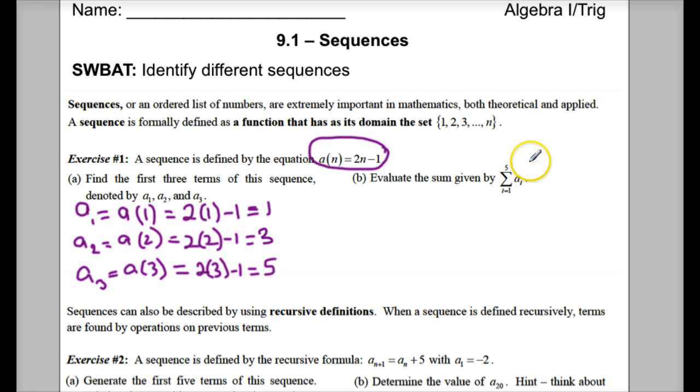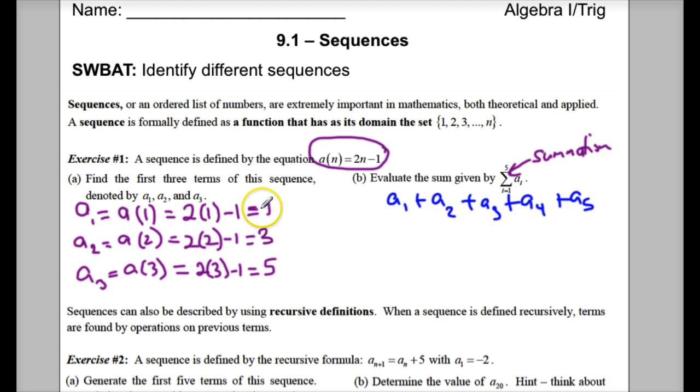Now looking at this sign, remember this summation sign? You've seen this in Unit 8. It says evaluate the sum of a sub i, given by the summation of i equals 1 to 5, a sub i, meaning using this here. So all this means I'm going to find the sum of a1 plus a2, a3, a4, a5.